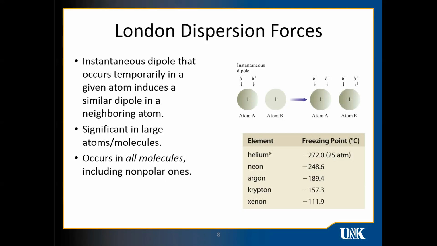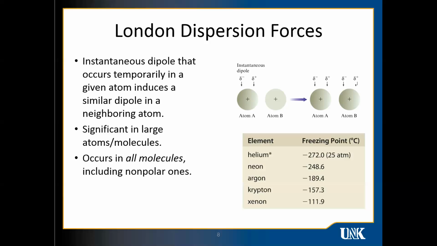So here in the cartoon in the upper right, we have an instantaneous shift in electron distribution. An atom temporarily has a partial negative side and a partial positive side. That induces a shift in electron density in a neighboring atom, so that a partial negative side becomes closer to the partial positive side in the first atom, and we end up with a little bit of interaction.